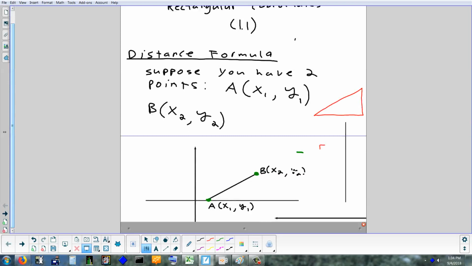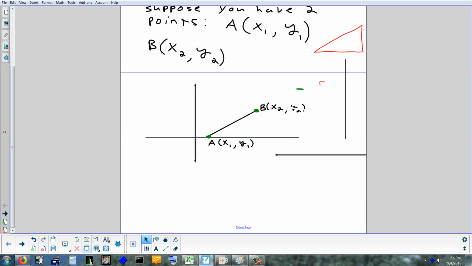So looking at that line segment that I just drew, and keeping in mind what I said about trigonometry, does anyone have an idea of what shape I can make? The line segment AB is going to be one of the sides of that shape. Yeah, Shelby? A triangle? Yeah, we're going to make a triangle out of it.